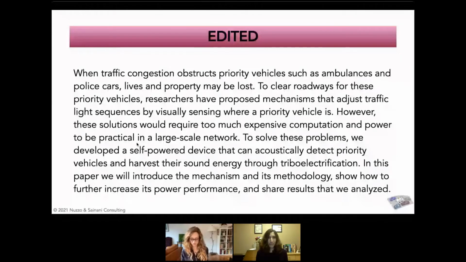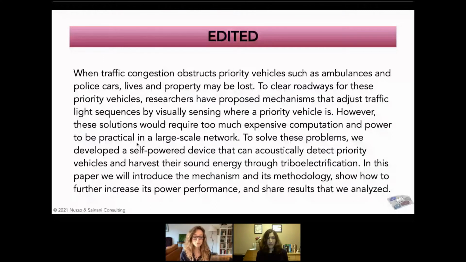Here's the edited version. When traffic congestion obstructs priority vehicles such as ambulances and police cars, lives and property may be lost. To clear roadways for these priority vehicles, researchers have proposed mechanisms that adjust traffic light sequences by visually sensing where a priority vehicle is. However, these solutions would require too much expensive computation and power to be practical in a large-scale network.